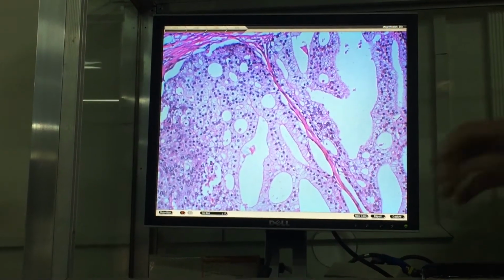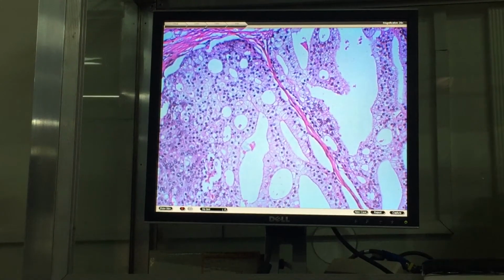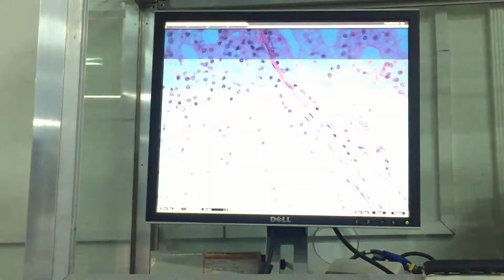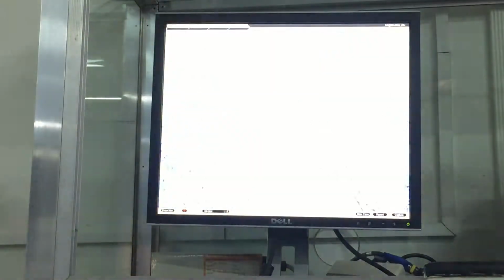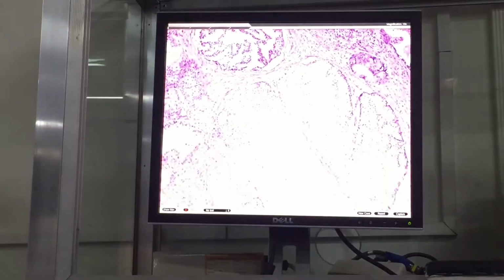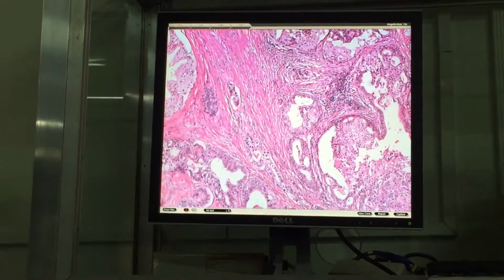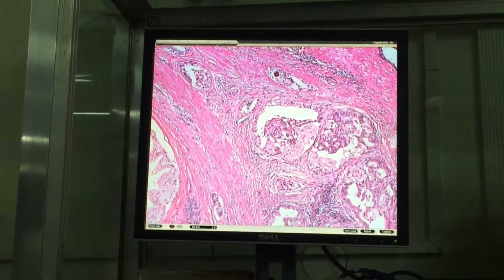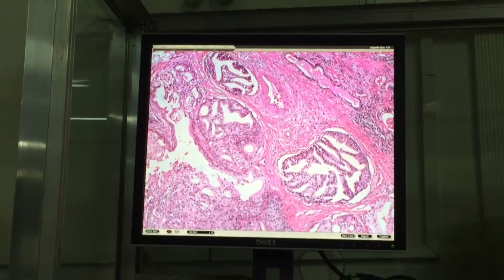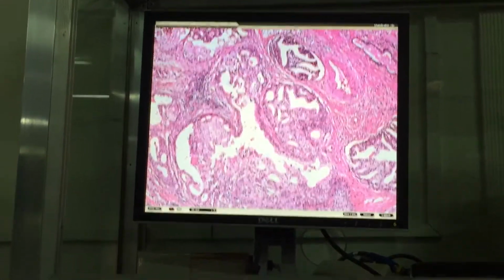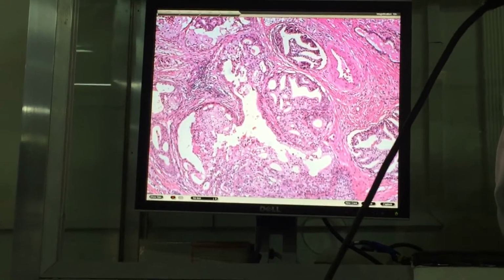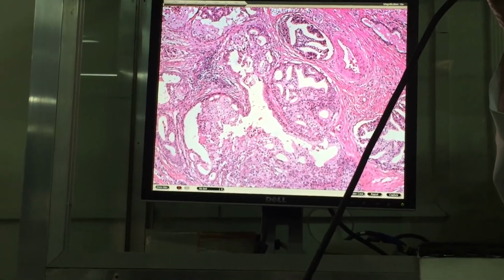Nagkakaroon na sila. And this is what you call cribriform pattern. So if you see that, that's already malignant. Your problem now is to identify the organ. So this is your adenocarcinoma of the prostate.